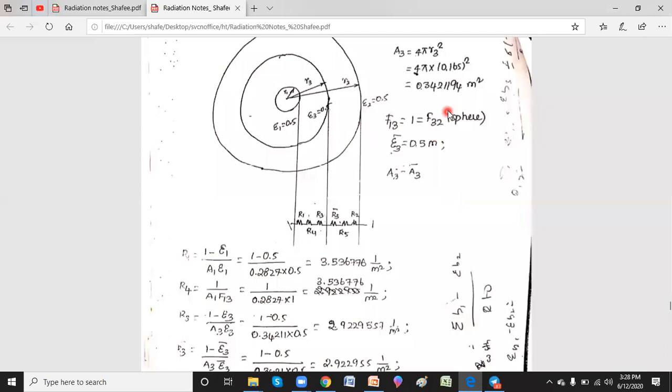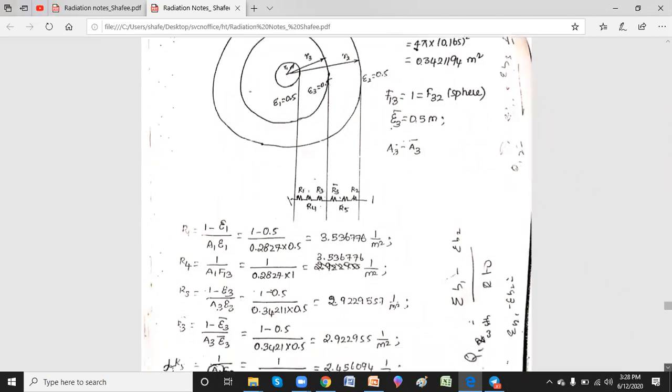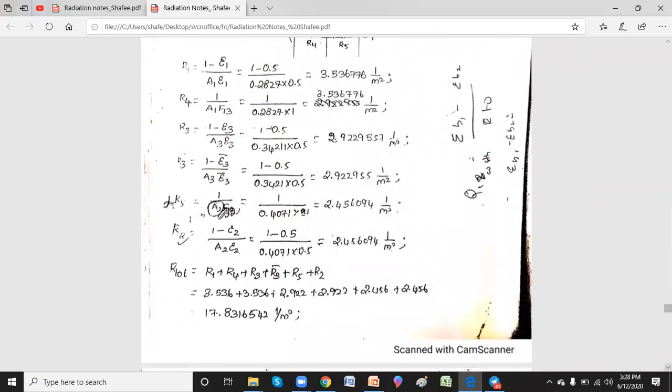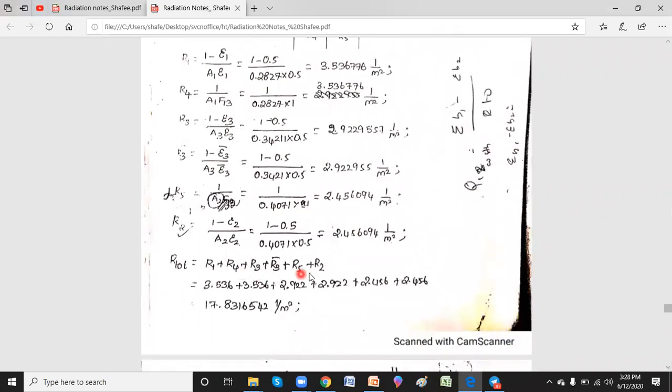The similar lines we did for parallel planes, I just gave, and find out all the values, that is R1, R4, R2, R3, R3 bar, everything. The procedure is similar, and just keep the values in the denominator containing all the combinations of resistances.